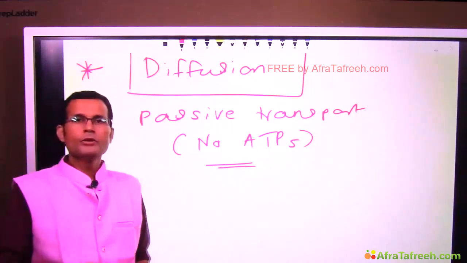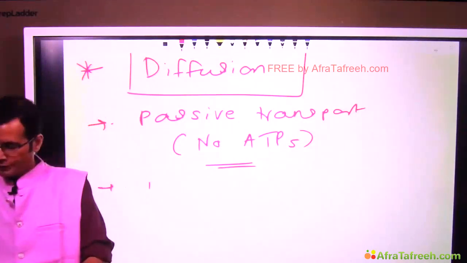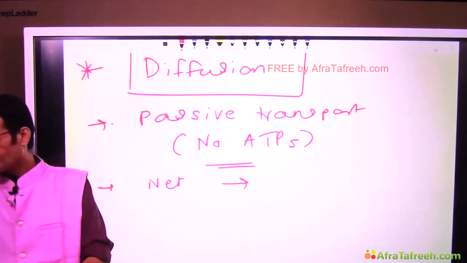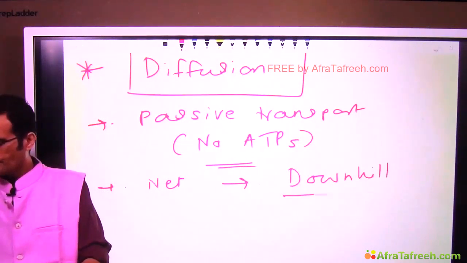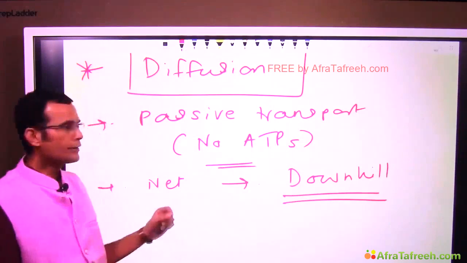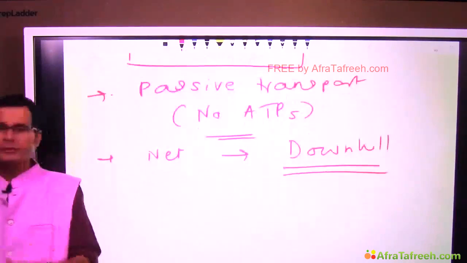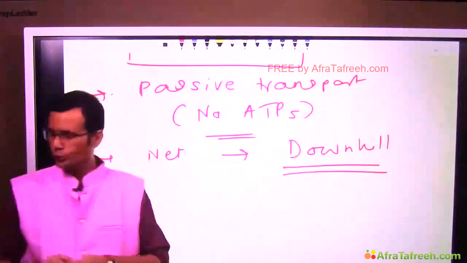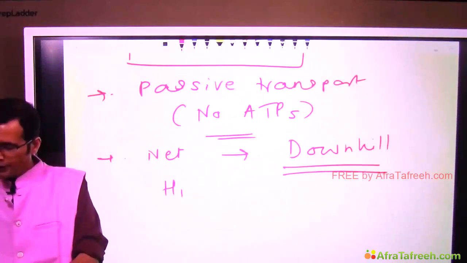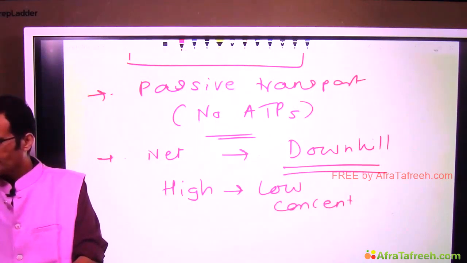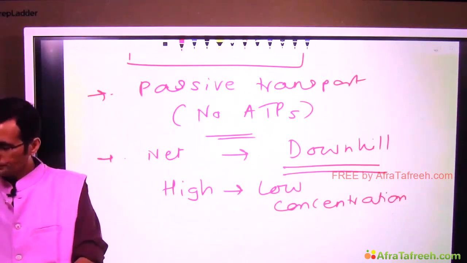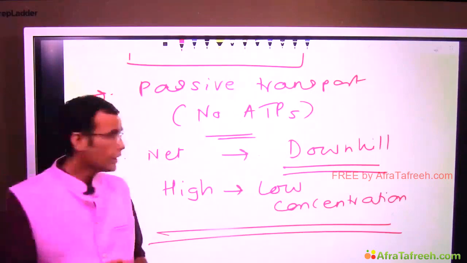Second, net diffusion is a downhill transport. Downhill means going down the hill. So net diffusion is from high to low concentration of that particular substance, right?